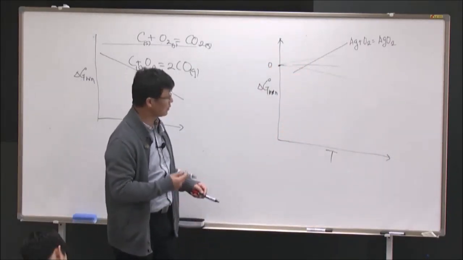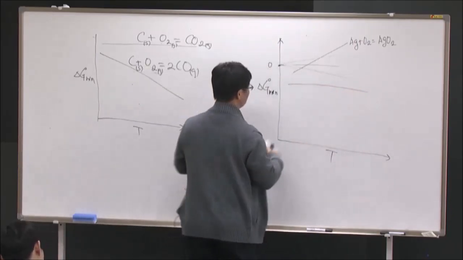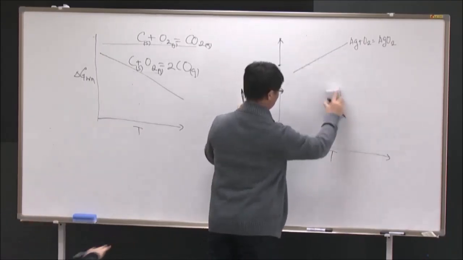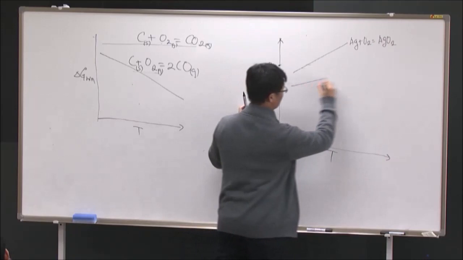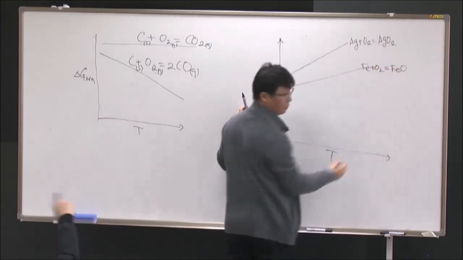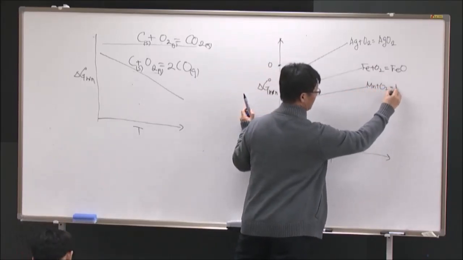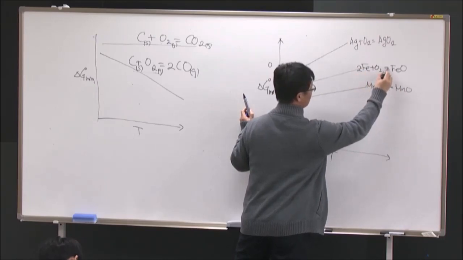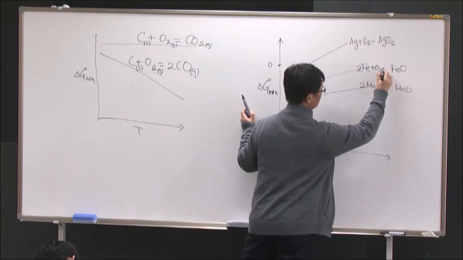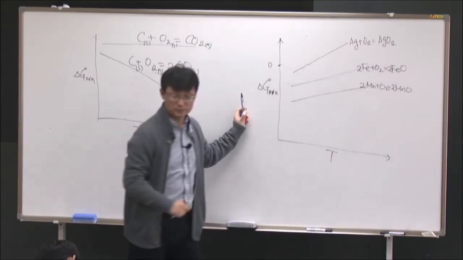Okay? And then some of the actually famous ones you know, I have, for example, FeO, because it's 1 mole of oxygen basis.